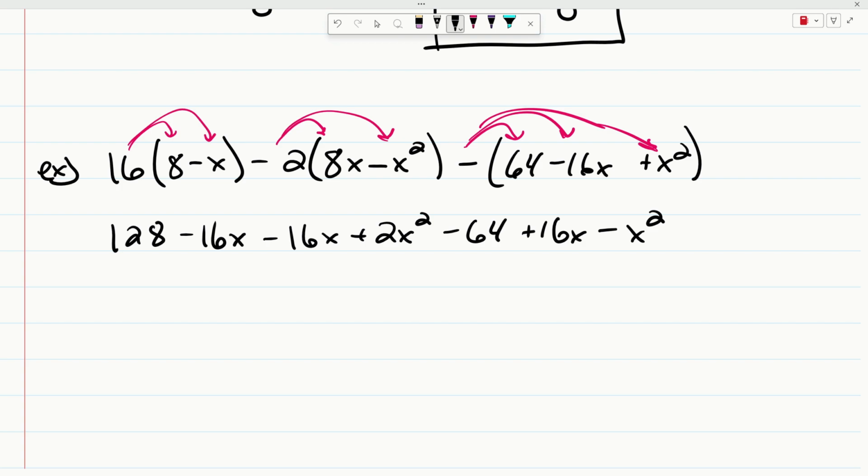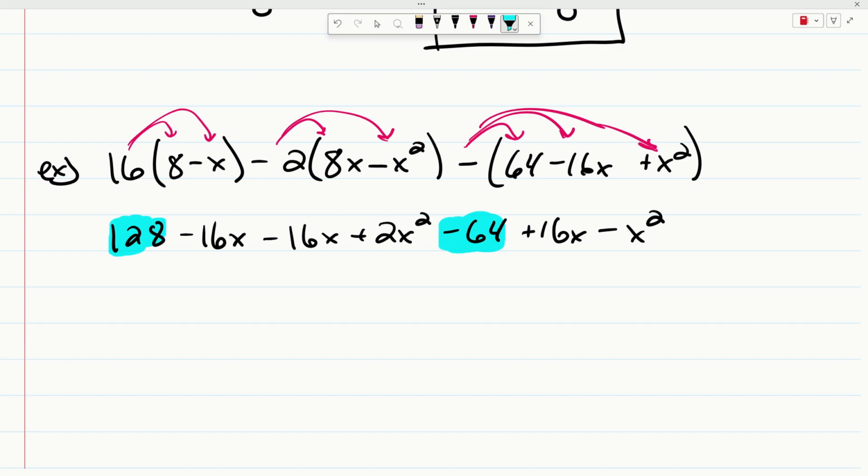Now, I have the advantage. I have highlighters at my disposal, and that really helps when you're doing this. So I'm going to highlight all my like terms. So the first thing I notice, just going from left to right, I have 128. I have minus 64.